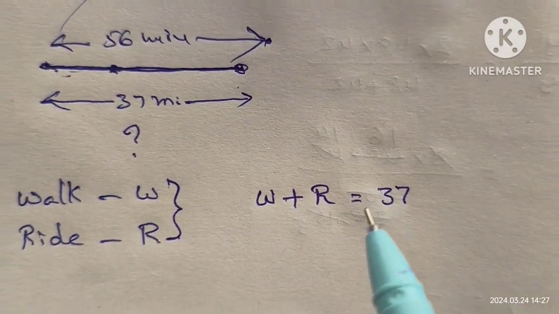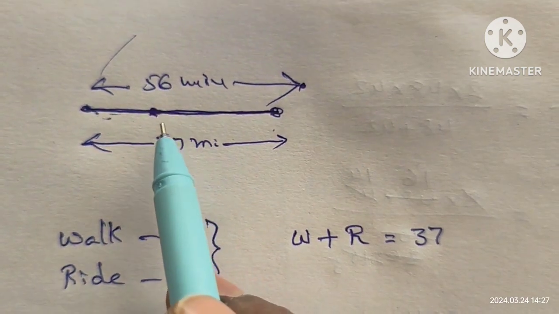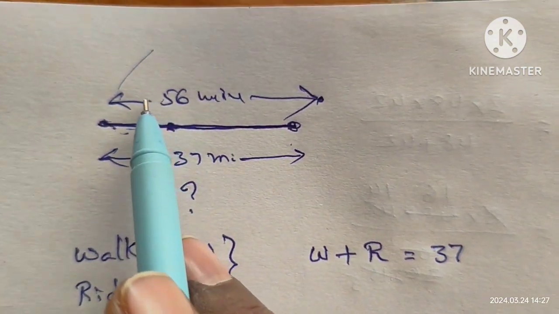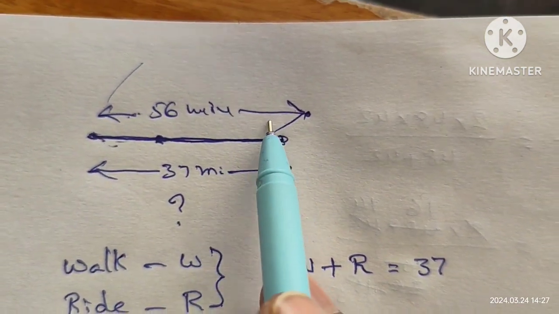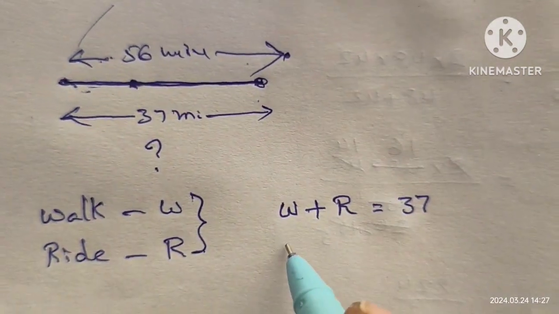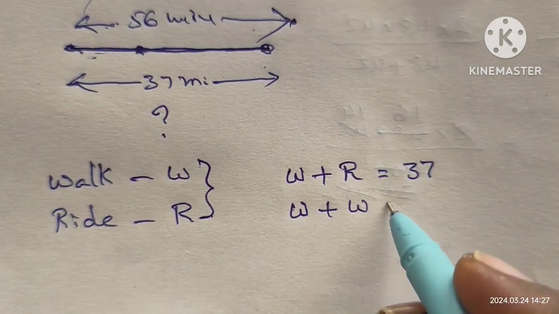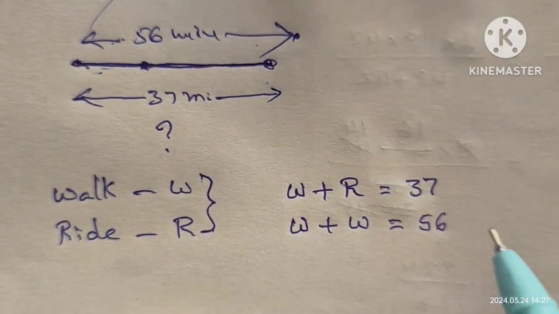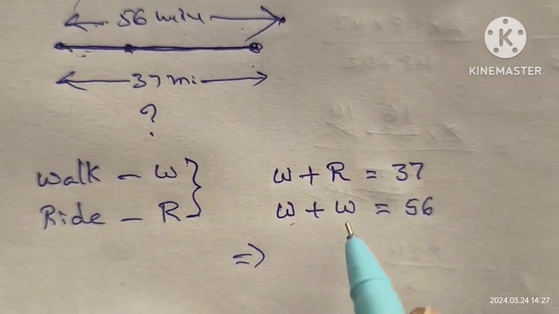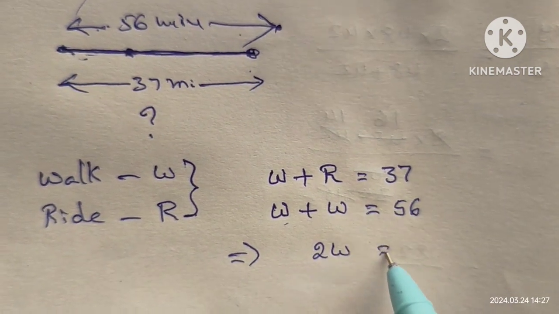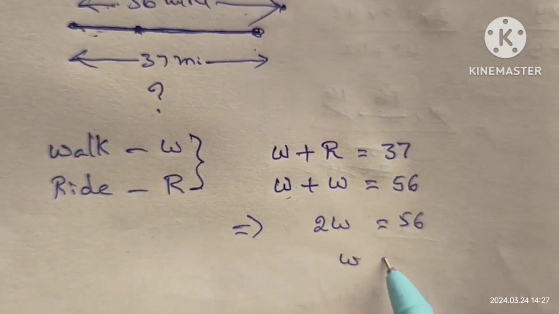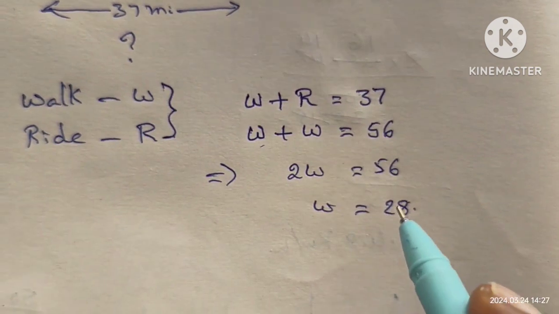In the second condition, he walked both ways in 56 minutes. Means first way walking, second way also walking. That implies 2W is equal to 56, W equal to 28.